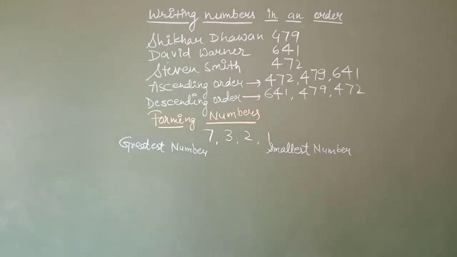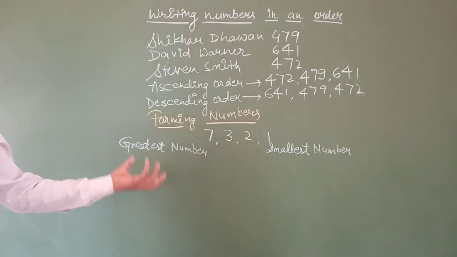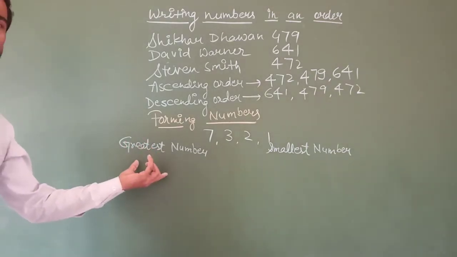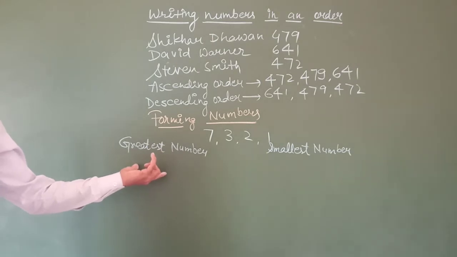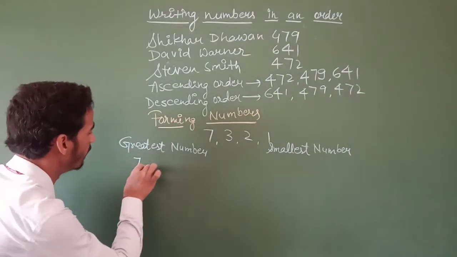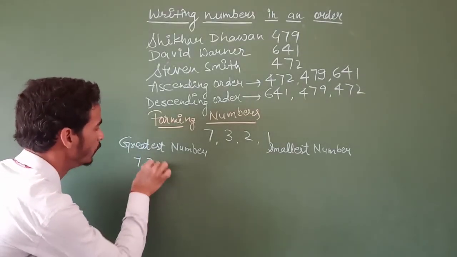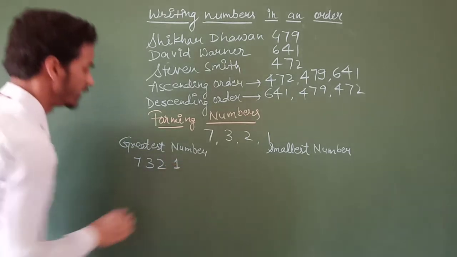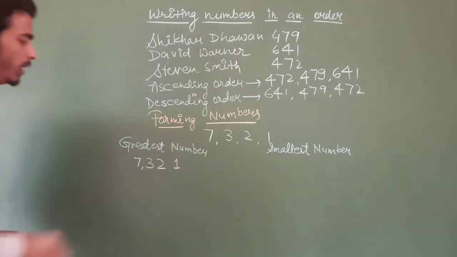If you want to build the greatest number, then you have to arrange the digits in descending order. So we write it in this form: 7, 3, 2, 1. So this number is 7321.